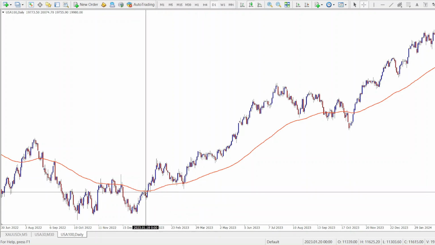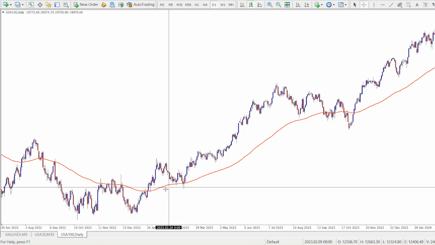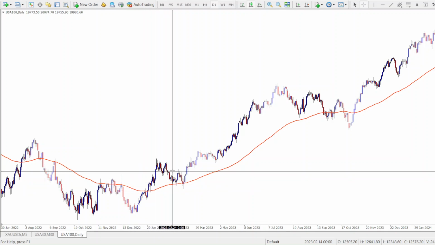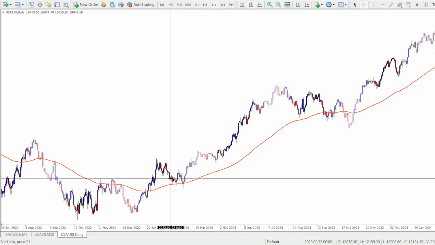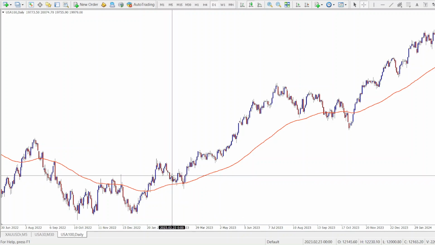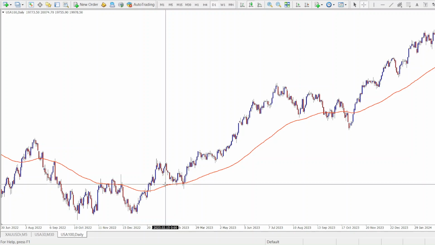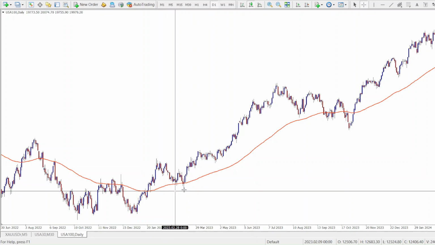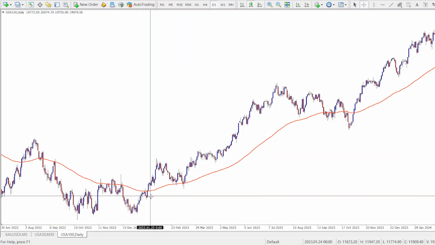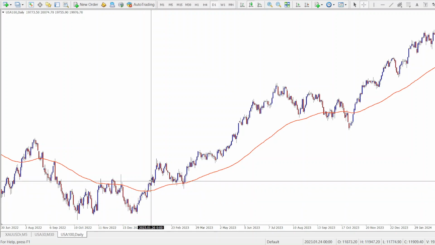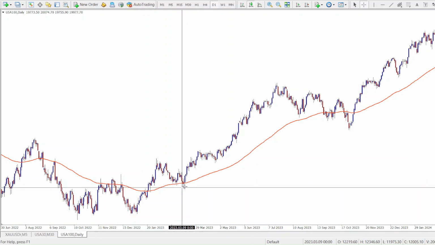So you can see that when the price climbed above the EMA, the dynamic resistance turned into a support, and then after the price had already traded a little bit above the EMA, we can see that the EMA now became a support. Initially, it was a resistance. It was a resistance around here, but after it crossed above, it became a support.